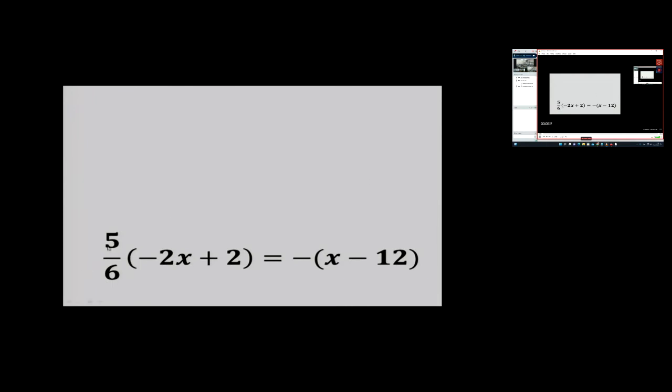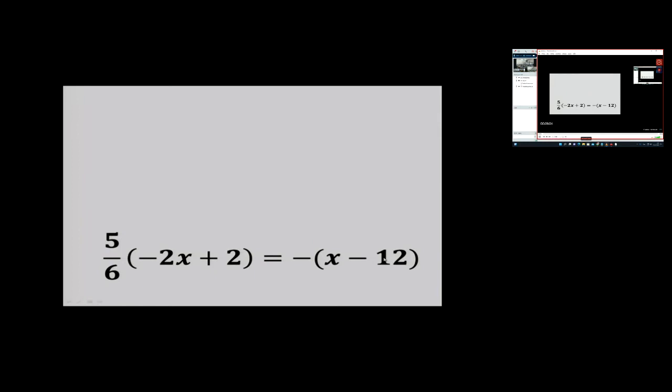Okay. Everyone, this one. 5 over 6 times the quantity of negative 2x plus 2 is equal to negative times the quantity of x minus 12.